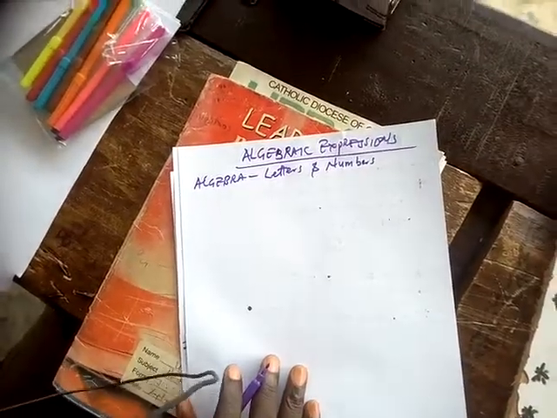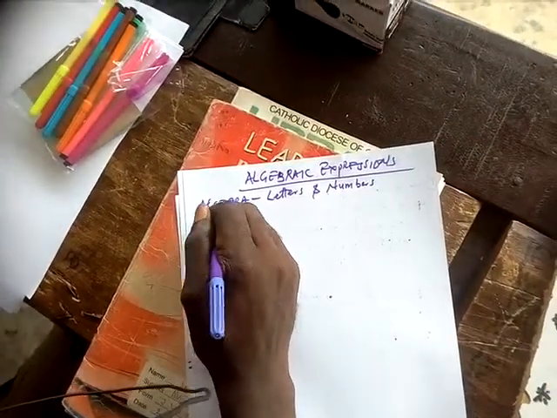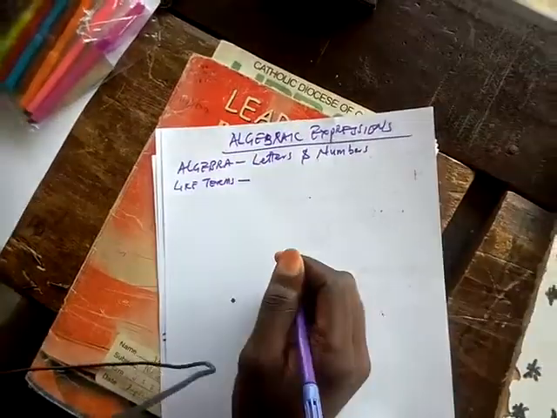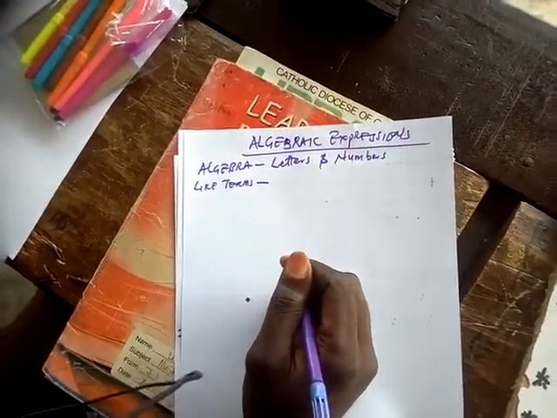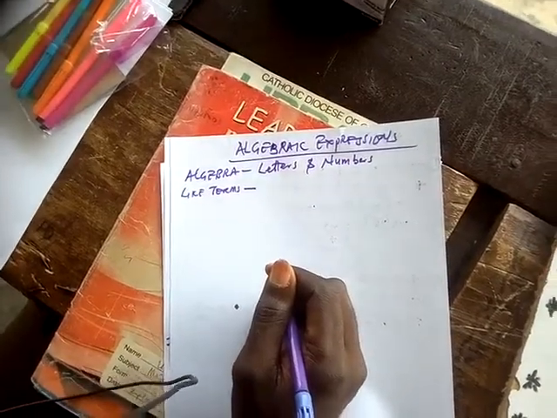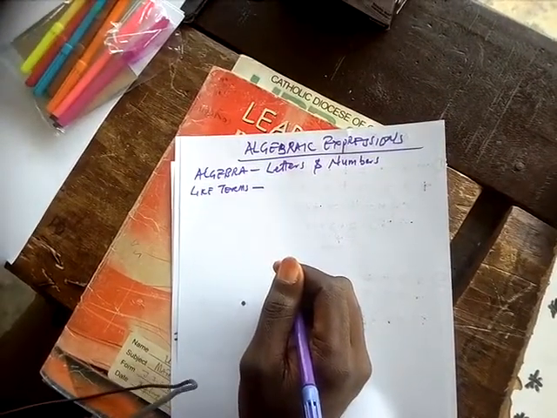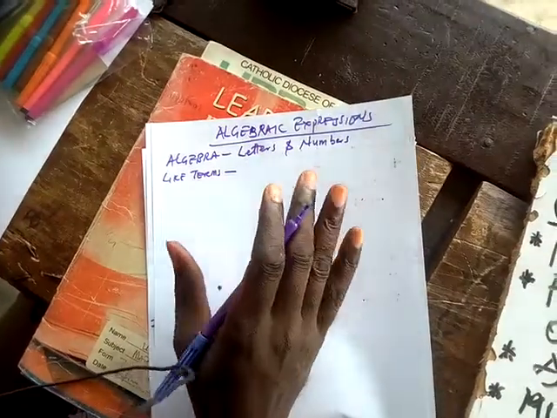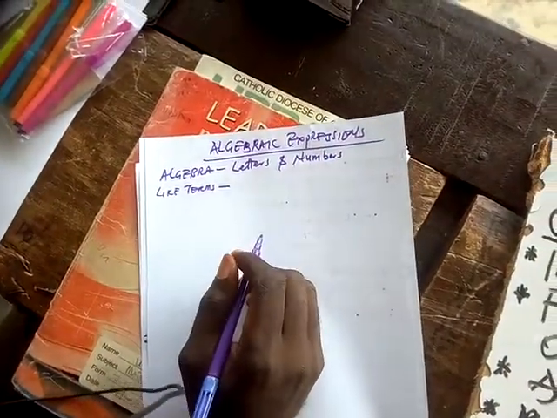Another one is like terms. Like terms are those terms which have exactly the same letters. When they have exactly the same letters, they are like terms.